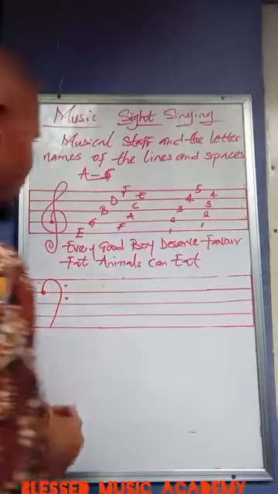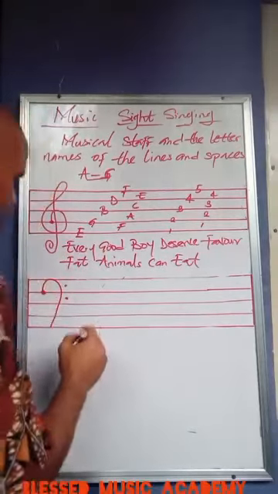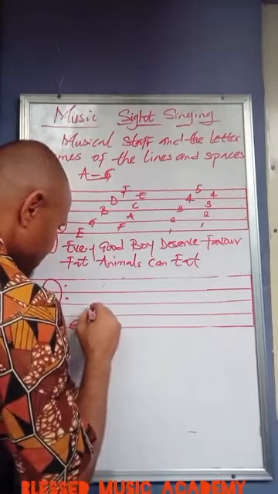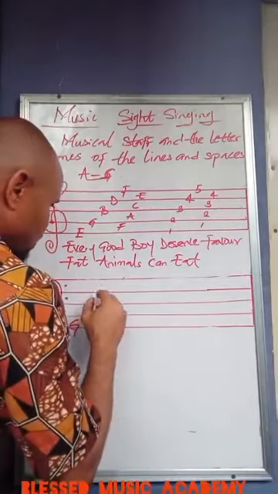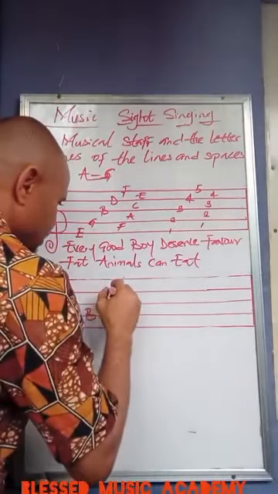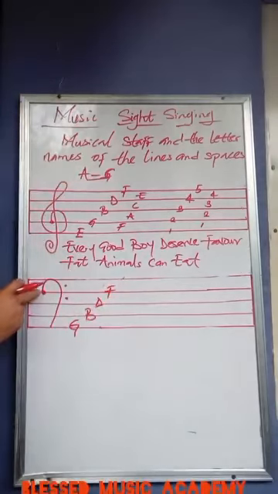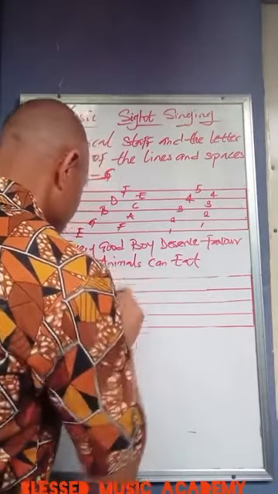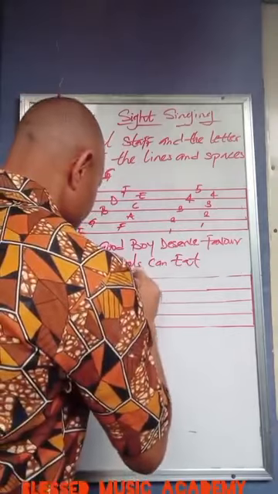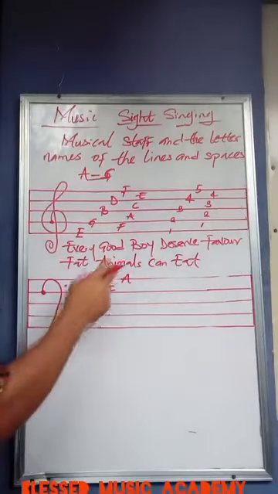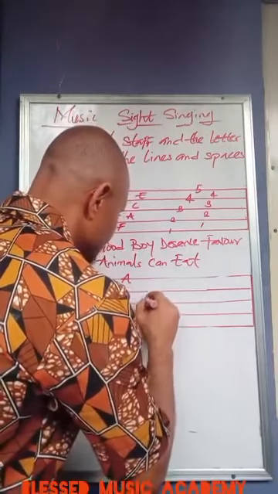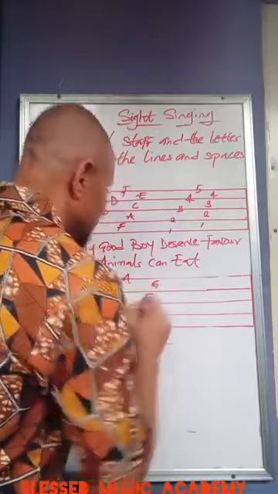So the first line of the bass staff is G. Second line is B. Third line is D. Fourth line is F, and that is why we call it F clef or F staff. Then the last line is A. So you have G, B, D, F, A. For the spaces, we say A, C, E, and G.